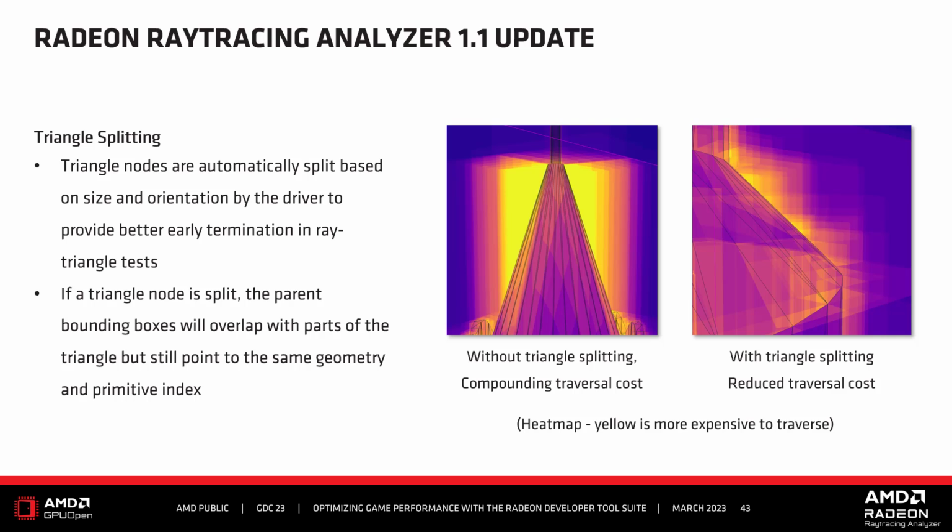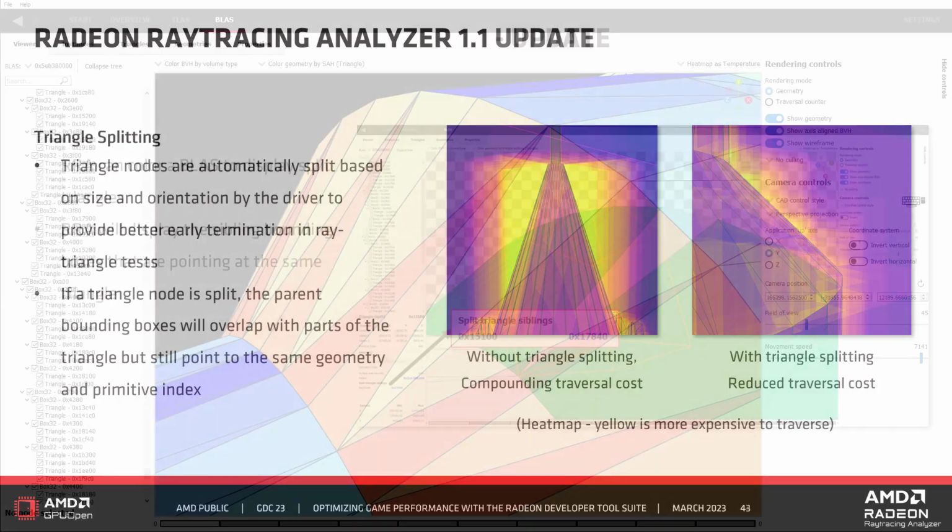In the image on the left, you can see an example of long triangles that are diagonal. Here, yellow means more expensive traversal. The image on the right has a similar structure, but the cost of traversal is more localized thanks to triangle splitting. Just like re-rating, no user input is required.